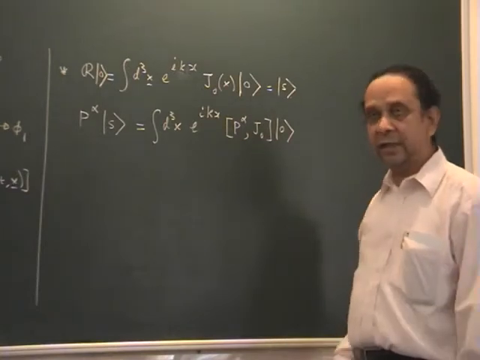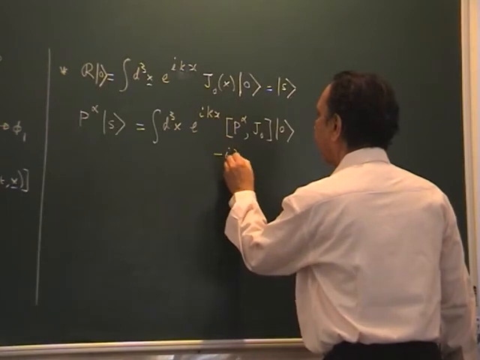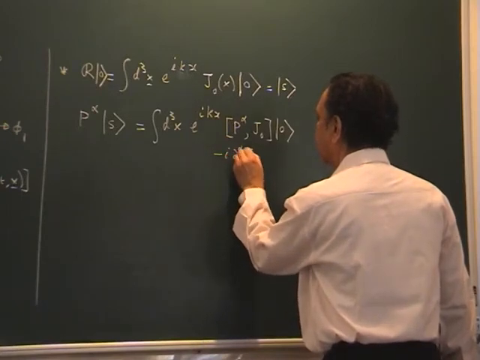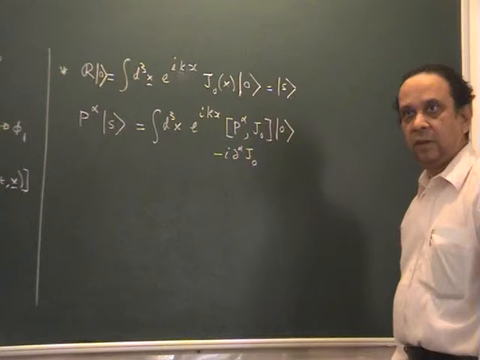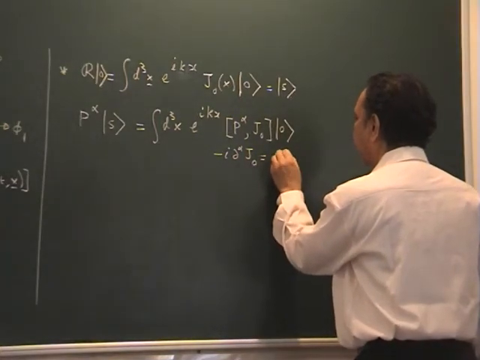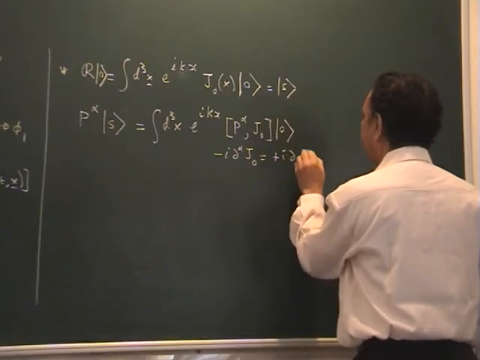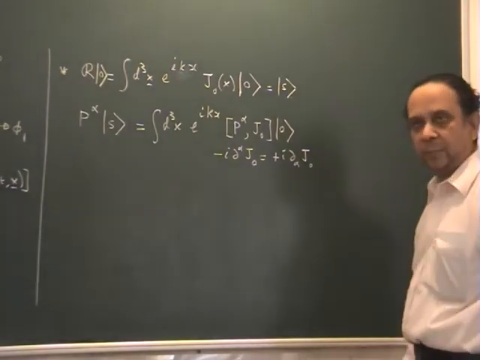Now what is this quantity? This quantity we know. This is given by minus I d alpha of J0, which in our notation will be equal to plus I d alpha of J0 because we want this to be at the bottom.